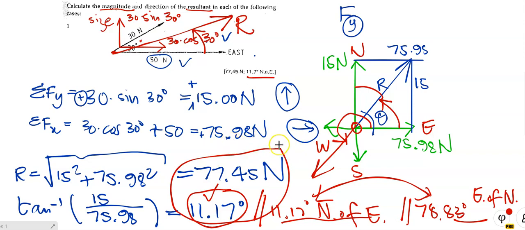If we got a negative answer, it meant it should be going horizontally to the left. To find the resultant, we draw a rectangle and use Pythagoras' theorem to determine its size, and then we use arctan of one side over the other to find the direction. You state the direction either starting from north or using one of those two conventions.